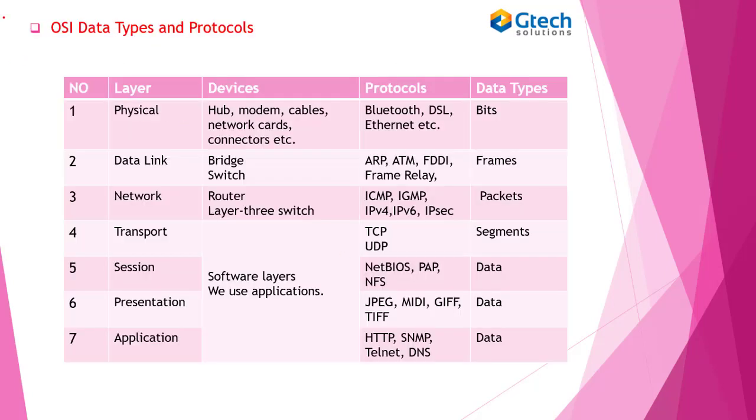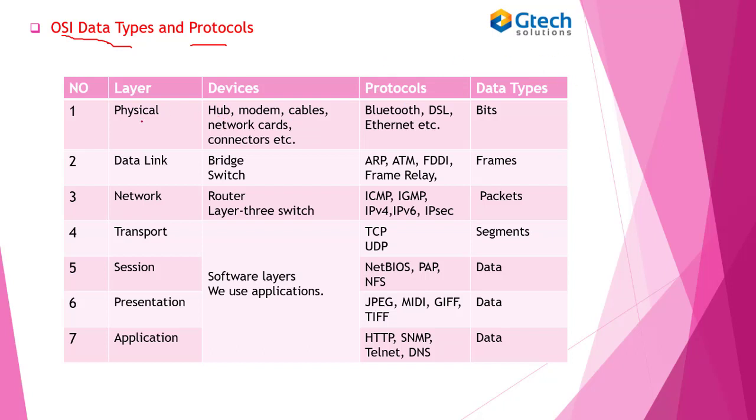Okay, in the next topic, we're going to look at OSI data types and protocols. We have 7 layers as discussed earlier. So we are going to look at the devices that are applicable at every layer, the protocols, the data types.